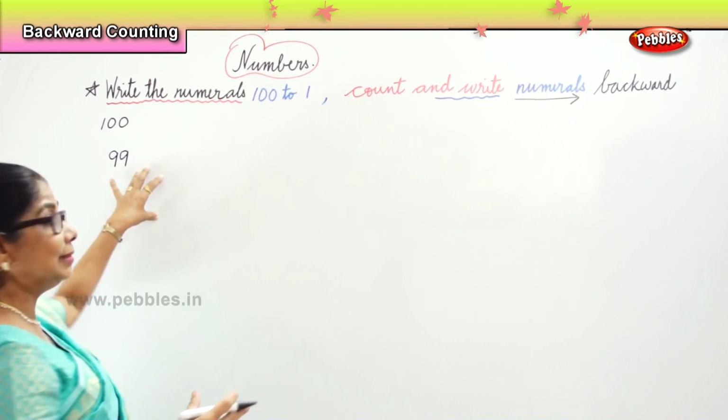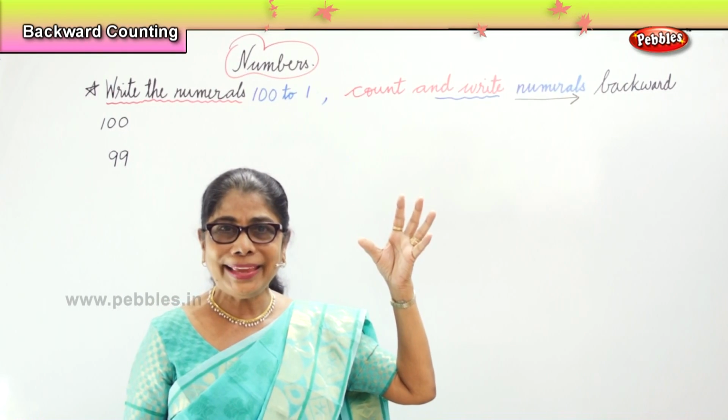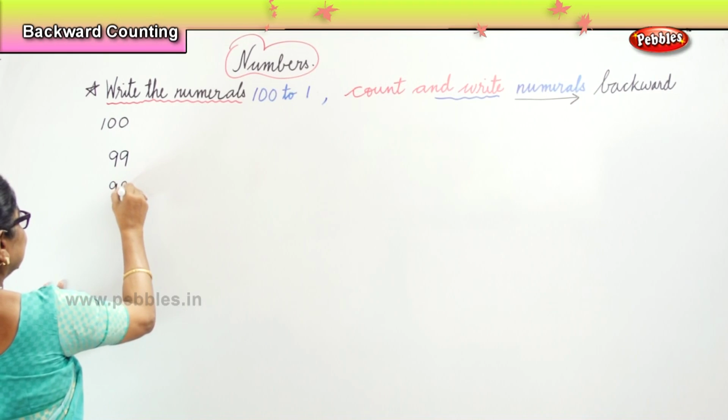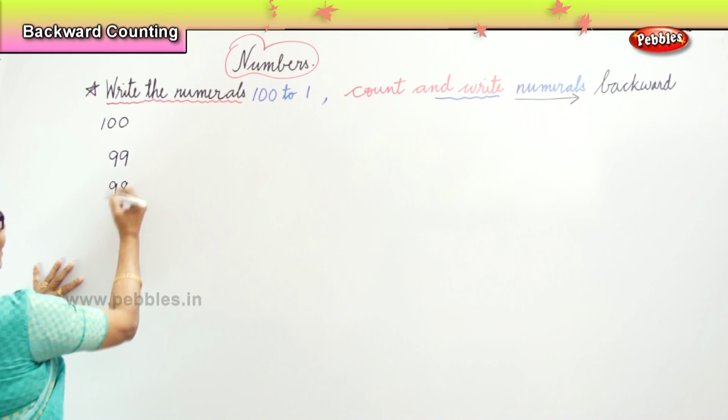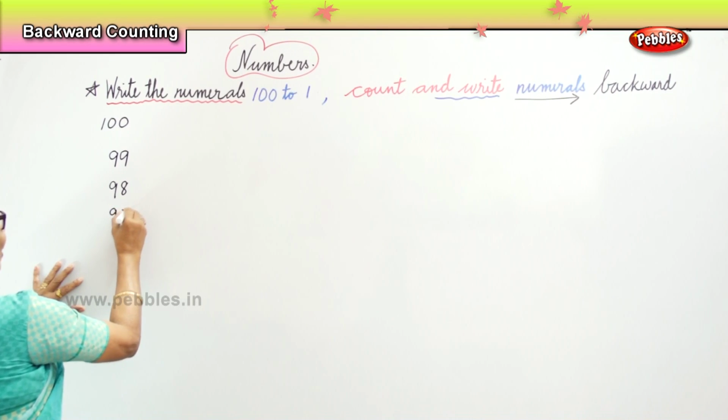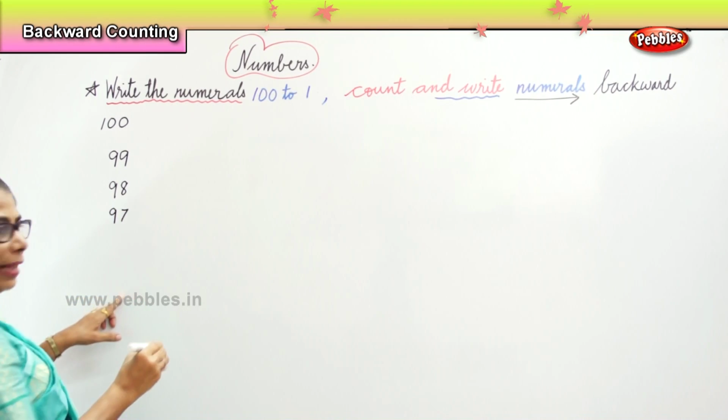100, 99. What will the next be? 98. Very good. 1 less. 97. You can see the pattern here.